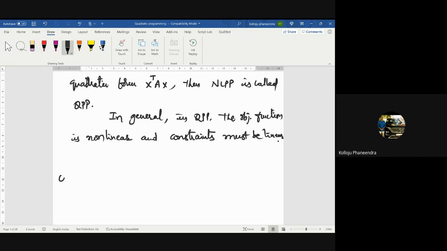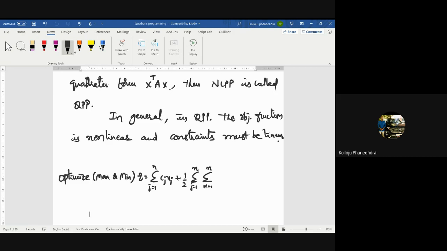Optimize, means maximize or minimize, Z equal to summation j equal to 1 to n Cj into Xj, means C1 x1 plus C2 x2 up to Cn xn, plus 1 by 2 into double summation, k equal to 1 to n, j equal to 1 to n.